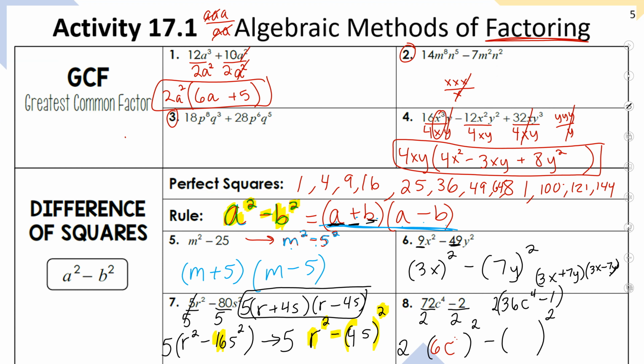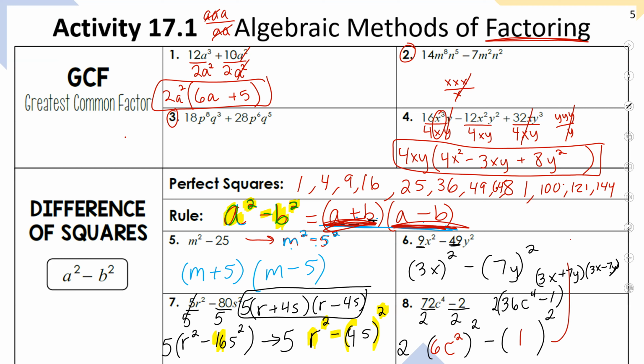Yes, I need a 2. So c squared is c to the 4. So that's what needs to go into my first parentheses. Now for 1, well, you can just put a 1 there. 1 squared is still 1. Okay? So that's my a and my b value. So we can use the equation. We're going to say a plus b times a minus b. So I'm running out of space.